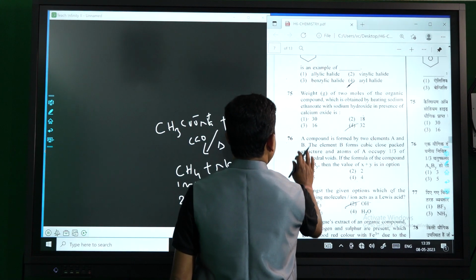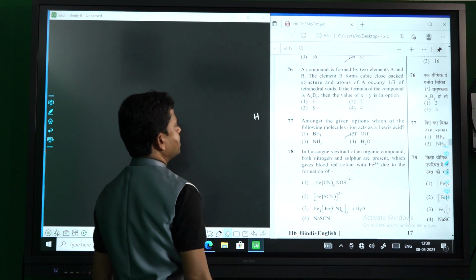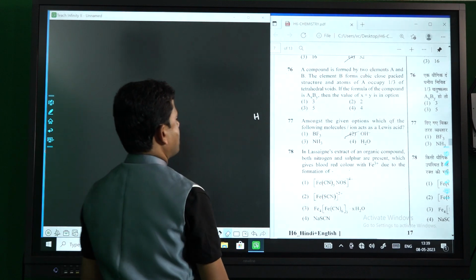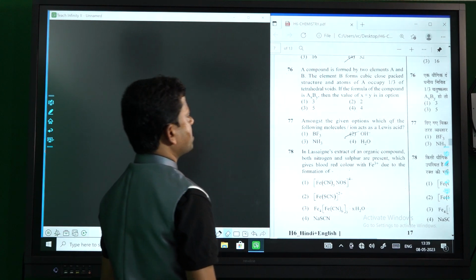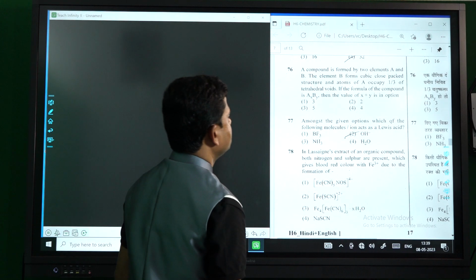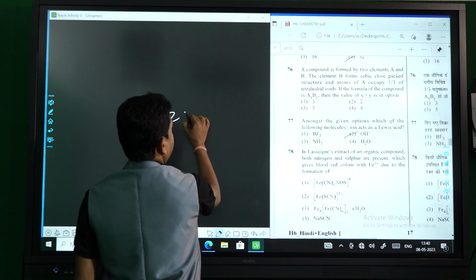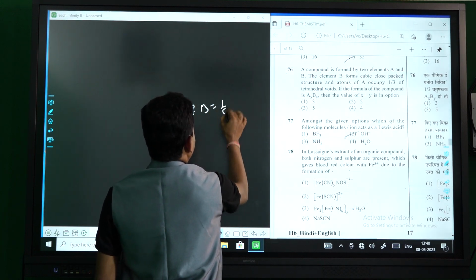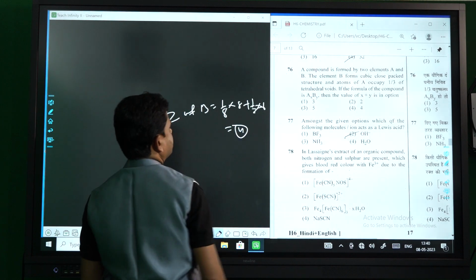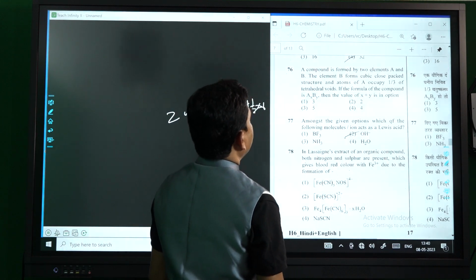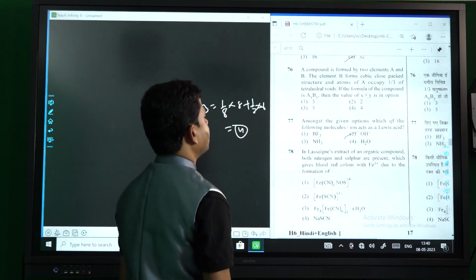Now come to question number 76. A compound is formed by 2 elements A and B. The element B forms a cubic close packed structure. That means Z of B is 1/8 into 8 plus 1/2 into 6, which is 4. Atoms of A occupy 1/3 of the tetrahedral voids.